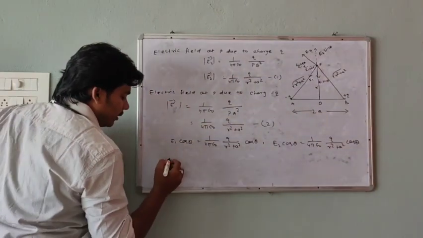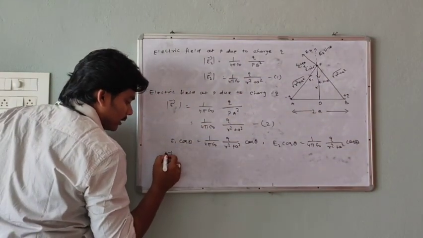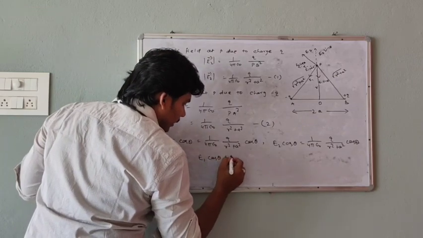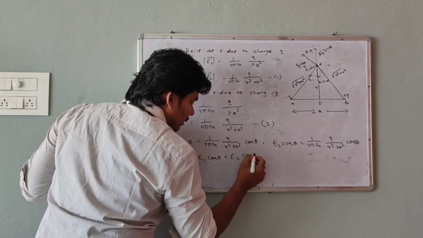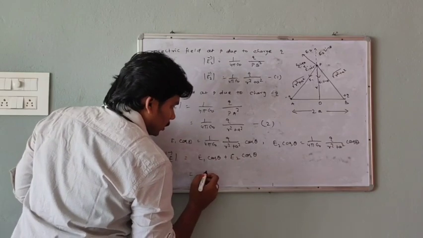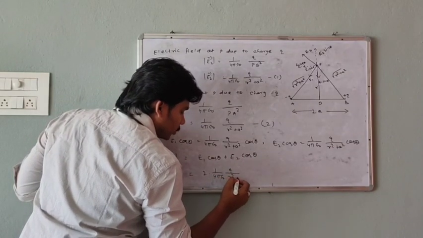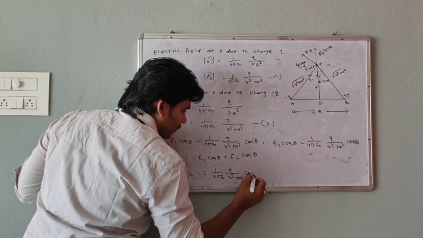Then the total E magnitude will be E1 cos theta plus E2 cos theta. Then the value becomes 2 into 1 by 4 pi epsilon naught Q by r square plus a square into cos theta.